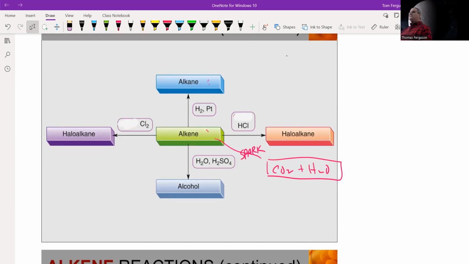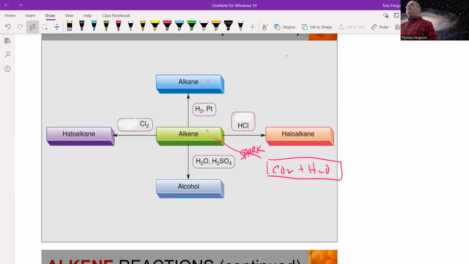Four types of addition reactions. We can convert an alkene to an alkane by adding hydrogen gas across the double bond, with a catalyst. We can convert it to a haloalkane by adding a halogen or a hydrohalic acid across the double bond, like HCl or Cl2.